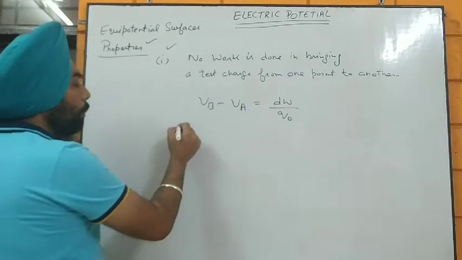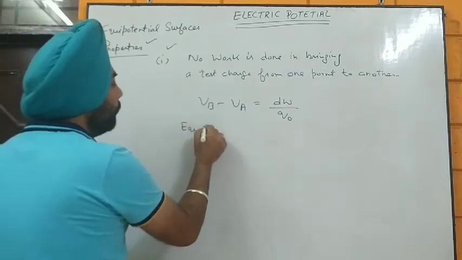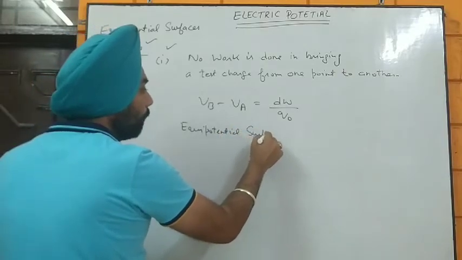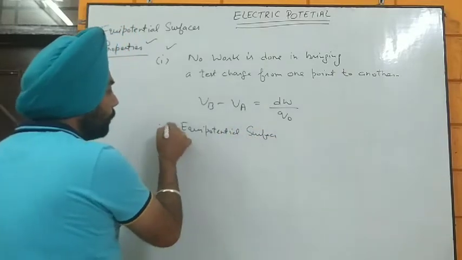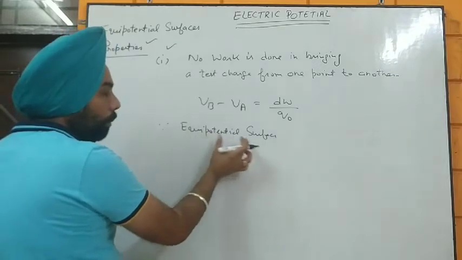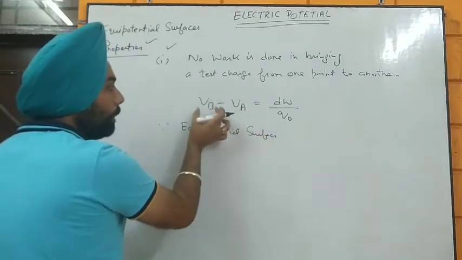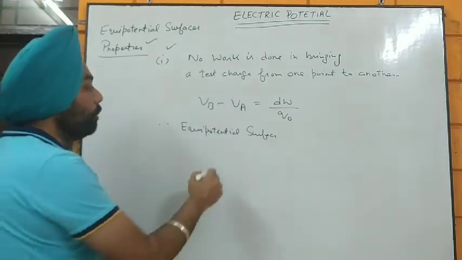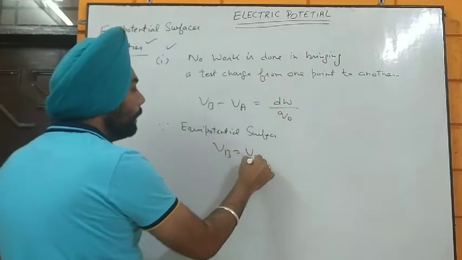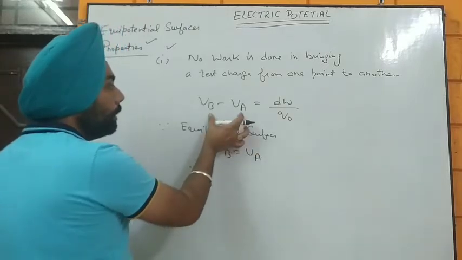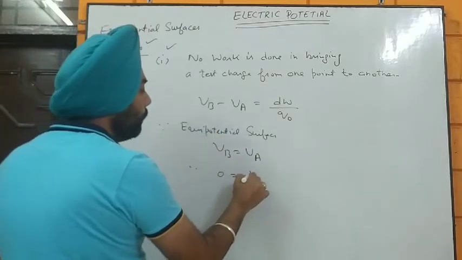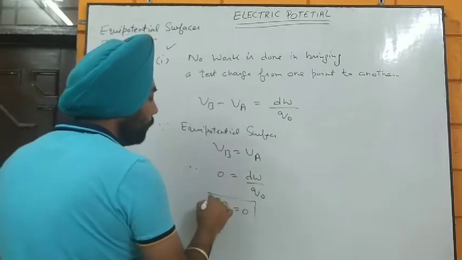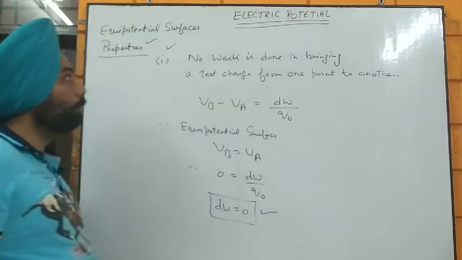But for equipotential surfaces, the potential is the same at each and every point of the surface. So VB is equal to VA, and therefore the potential difference comes as 0. So work upon charge is 0, which means work is equal to 0. That's how we can prove that property.